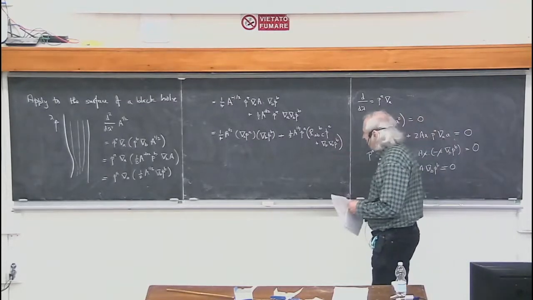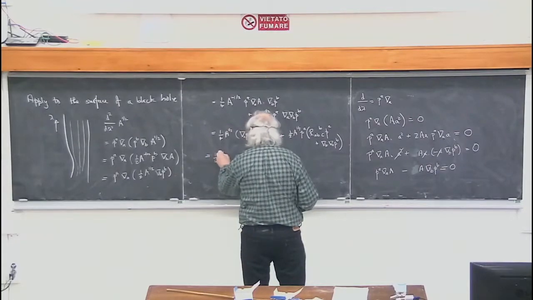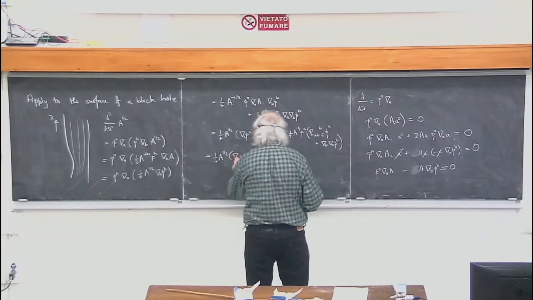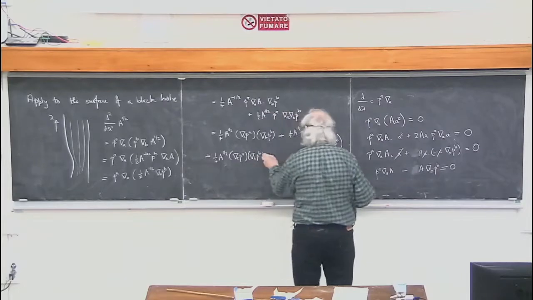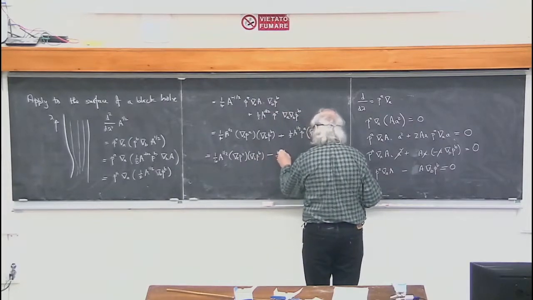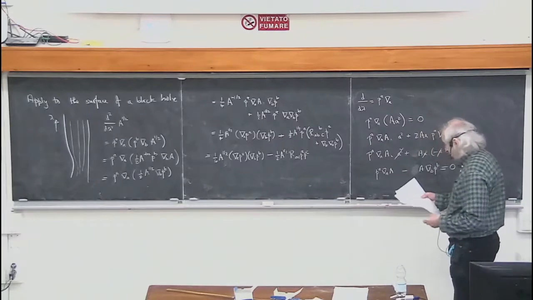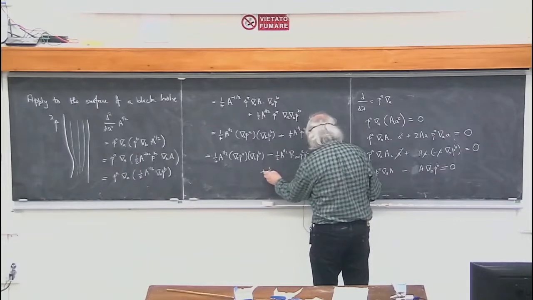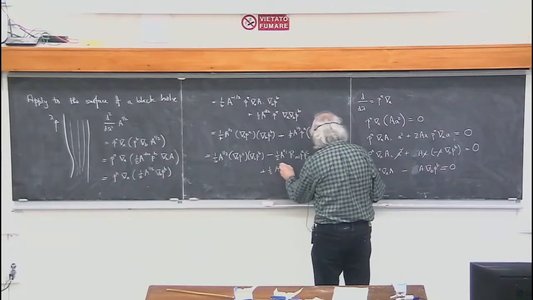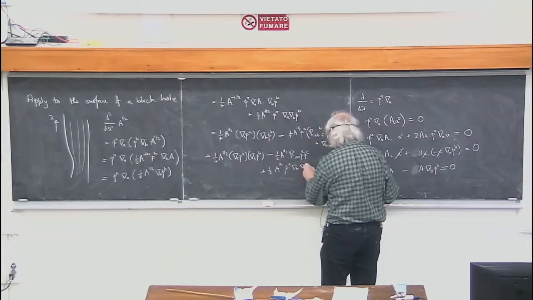This term here is a little bit different. This gives us a total of something which looks like that. And then lastly, there is plus a half A to the half P^A del_B del_A of P^B.